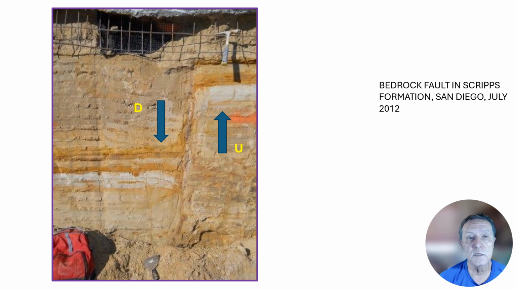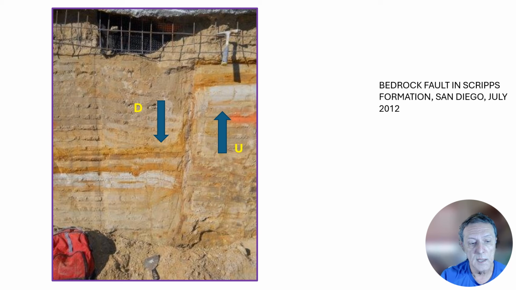So here is a photo I took at a construction site in the San Diego area. What we're looking at is an excavation exposure, and we're looking at a pretty well-defined earthquake fault in the excavation wall.